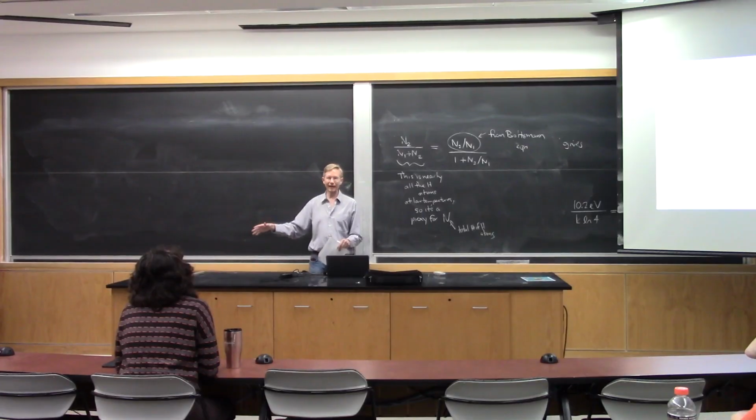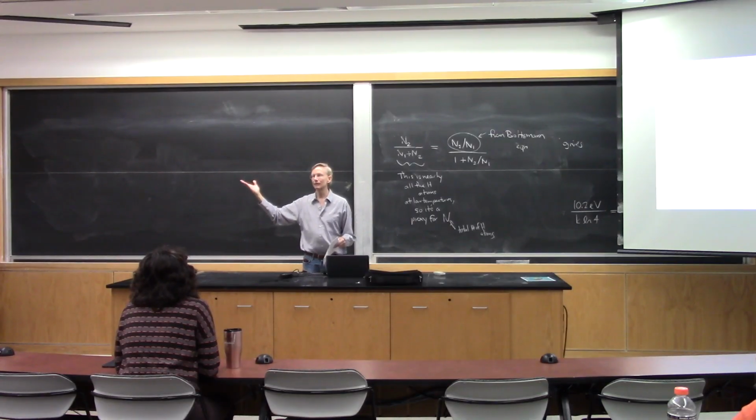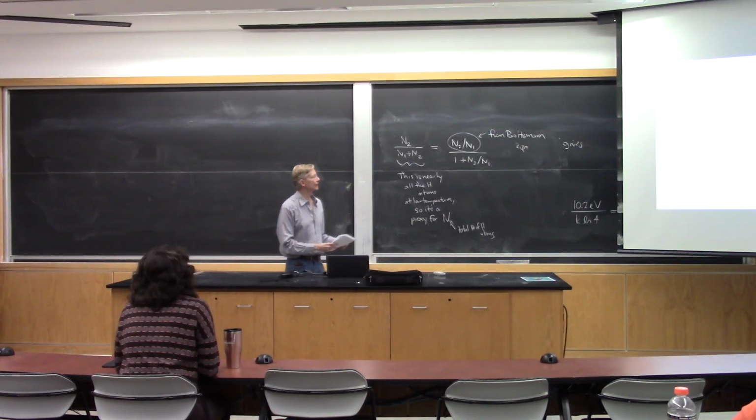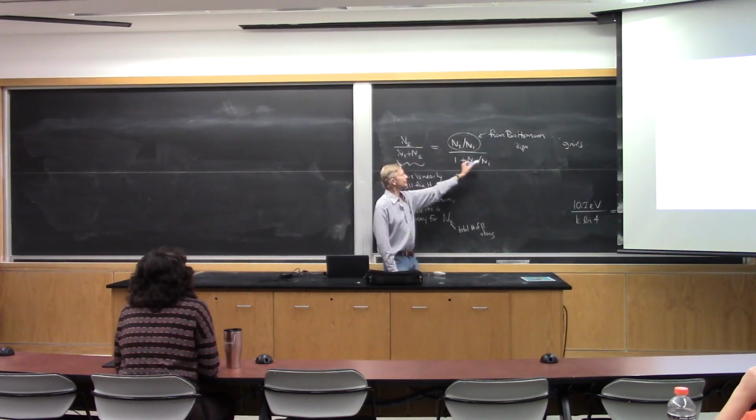Tell it the value of k, and then if you wanted to plot n2 over n1, you can say plot this for me for T going from, say, 0 to 100,000 Kelvin, or whatever, and it'll make a plot for you. But if you want n2 over n1 plus n2, then you could give it a composition of functions.